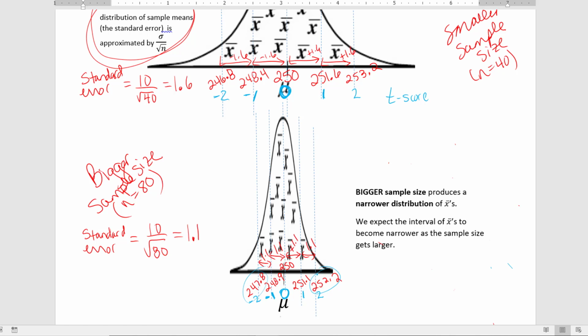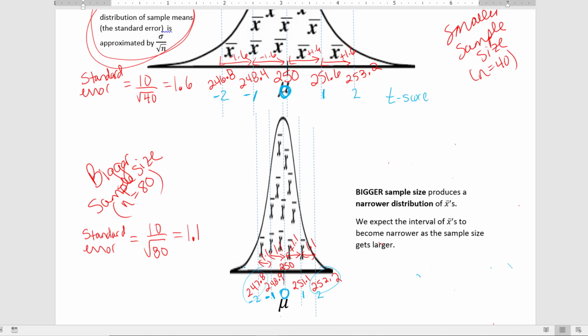Remember, if you go beyond 2 standard deviations, beyond a t-score of 2, then you're getting in that realm of unusual, unexpected. So in the bottom distribution, if you did a sample of size 80, it would be unusual for you to get a sample mean bigger than 252.2 or smaller than 247.8.